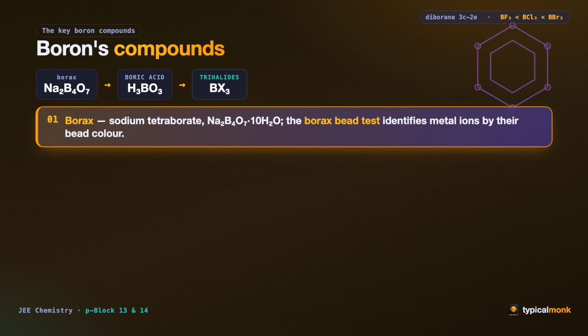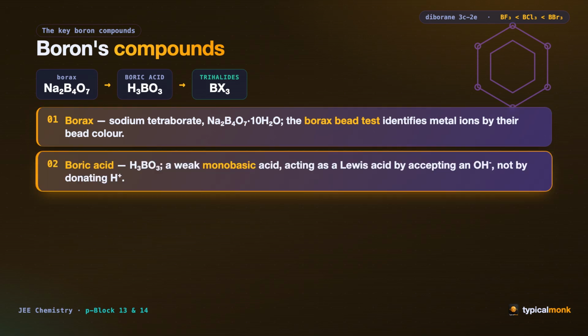Now boron's key compounds. The ribbon holds the anchors: borax, boric acid, and the trihalides. Borax, sodium tetraborate, with 10 waters of crystallization, and the borax bead test identifies metal ions by the color of the bead. Boric acid, H3BO3, a weak monobasic acid, acts as a Lewis acid by accepting a hydroxide ion from water, not by donating a proton of its own.